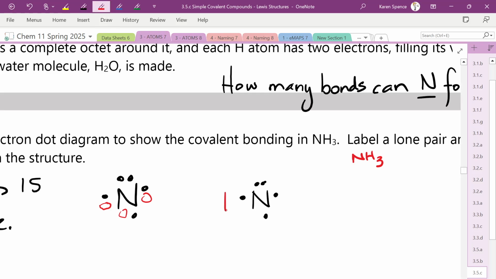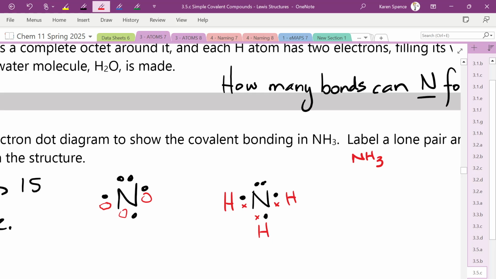Each hydrogen, and just so you can tell the difference between them, if you don't happen to have a red pen, you can actually use a little X to show the electron from a different atom. Does that make sense? So you can tell, oh, that electron came from hydrogen. That electron came from hydrogen, and that electron came from hydrogen.